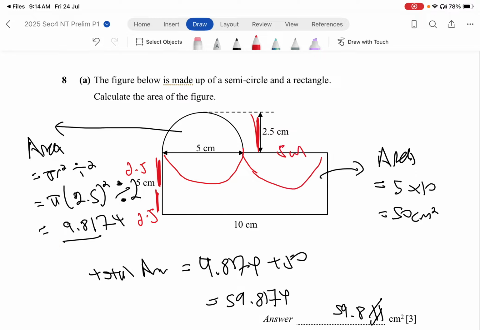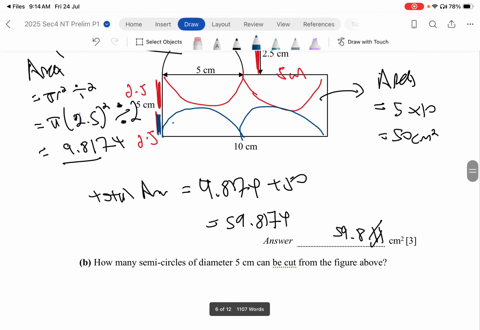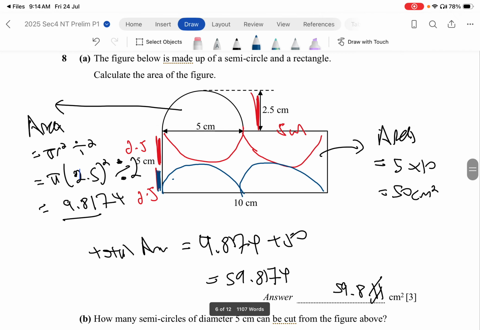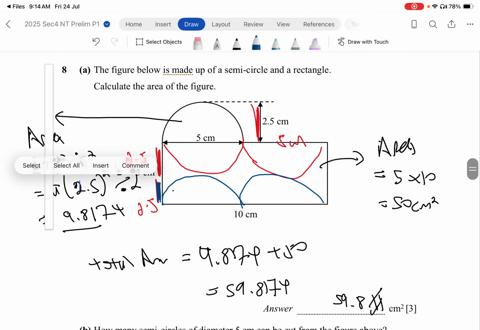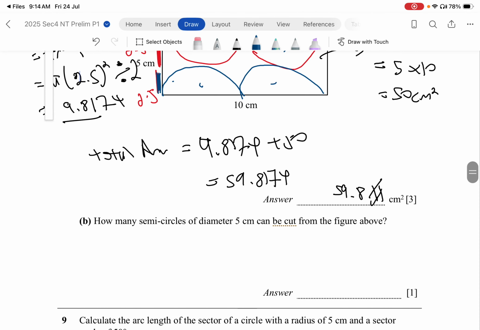So total is 10 cm. Same for this, I use a different color pen. This is 2.5, 5 cm, 5 cm. You see this part. So how many semicircles of diameter 5 can be cut from the figure above? You have 1, 2, 3, 4, and the original one. You can cut out 5. Okay, for this.